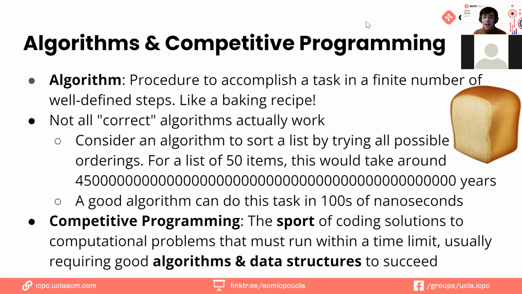But for 50 items, it would take 4.5 times 10 to the I don't know what years. A good algorithm should be able to do it in 100 nanoseconds. So that is the crux of the algorithm problem: you can say, I know how to describe the task to accomplish, and maybe I can program a computer to do it slowly, but if it's too slow, you will never get anywhere. So how can we do it fast?